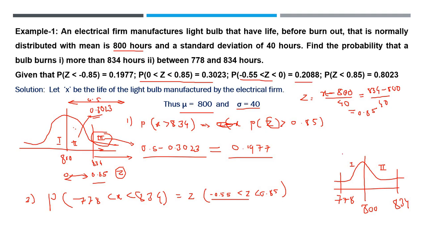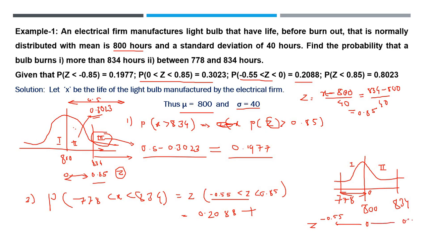Now if you check these values, minus 0.55 less than z, the value is given here, which is 0.2088. This is for this region.